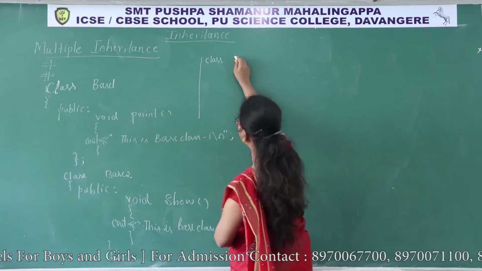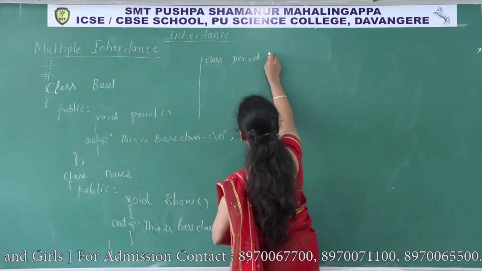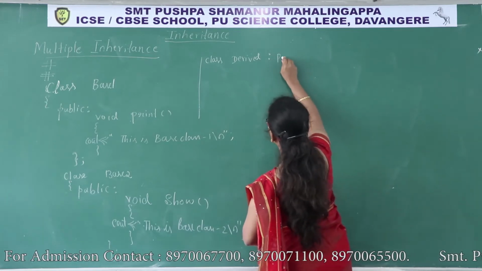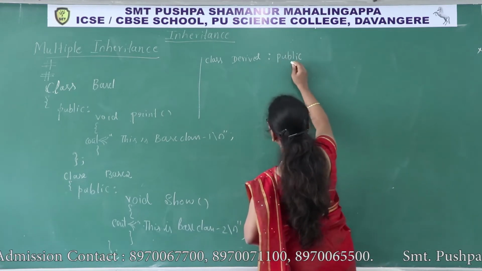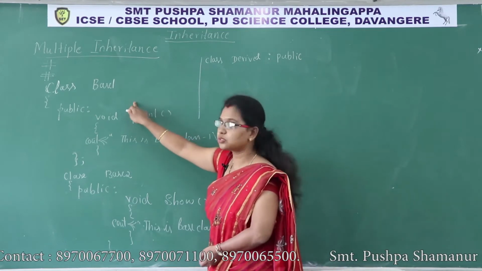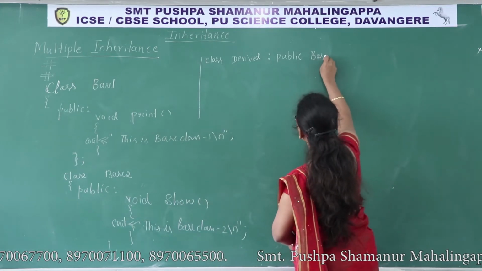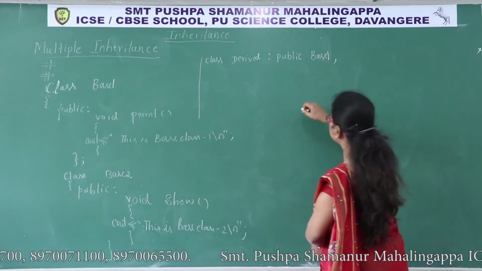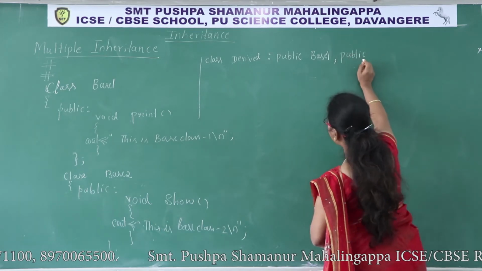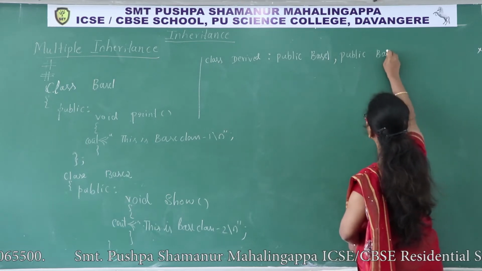Class name, I'll take the name of the class as derived, colon, visibility mode, I'll take public. I'm going to inherit base class 1, this is base1, in public mode, comma public base2. You must mention the access visibility mode separately for these two classes.